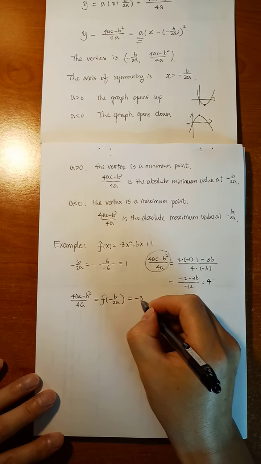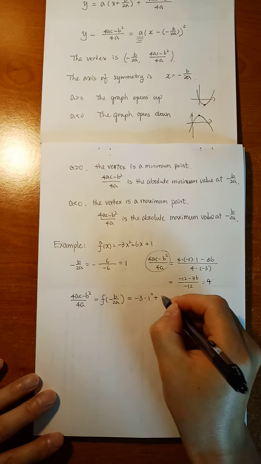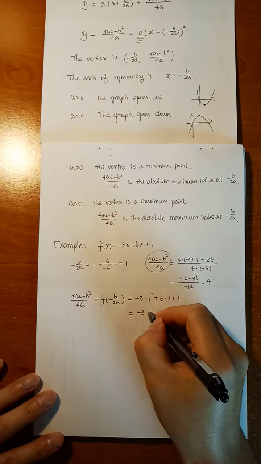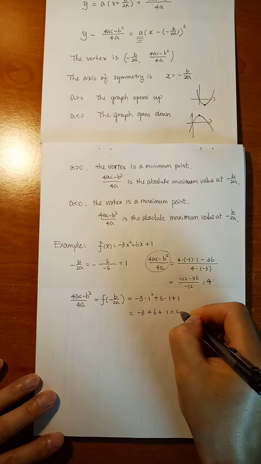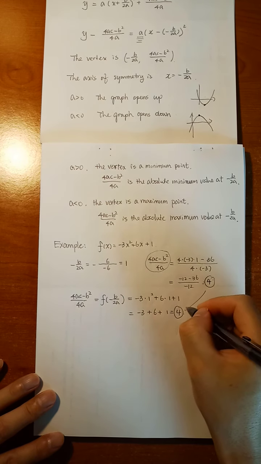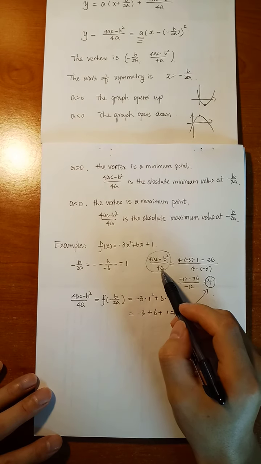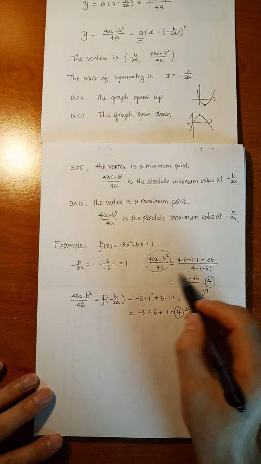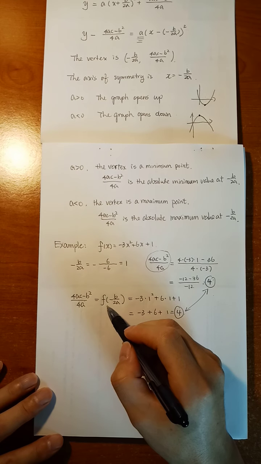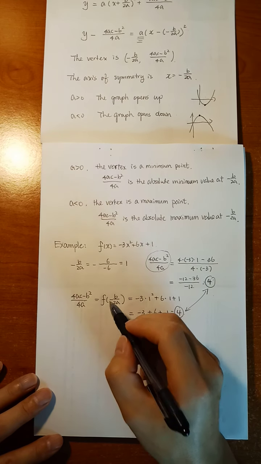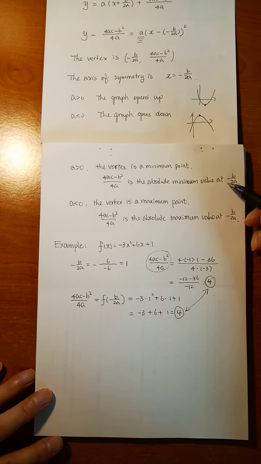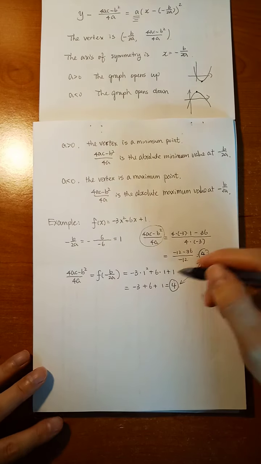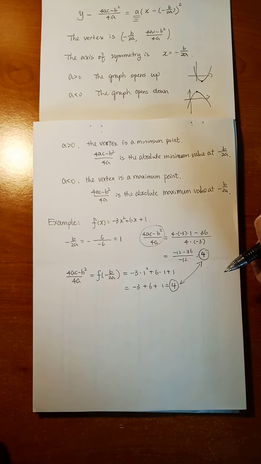So you see negative 3 times 1 squared plus 6 times 1 plus 1. Negative 3 times 1 squared is negative 3, plus 6 plus 1 is equal to 4. Same thing. So if you can memorize this formula, you directly apply a, b, c and get the value. If you don't memorize it, it is the value at negative b over 2a. So either way, you can use either of them to determine this value.